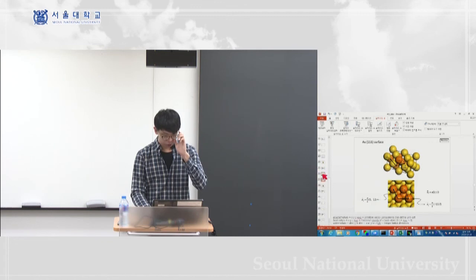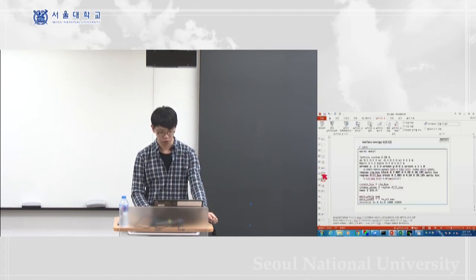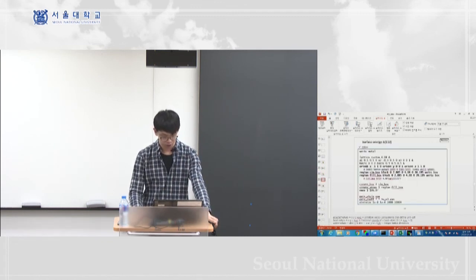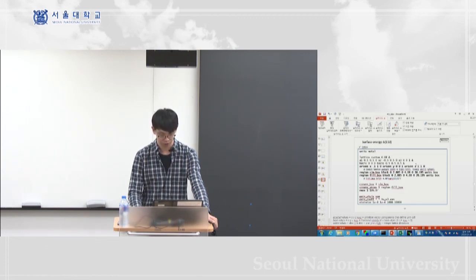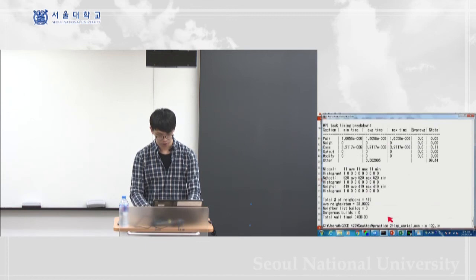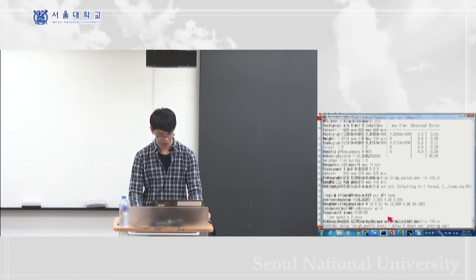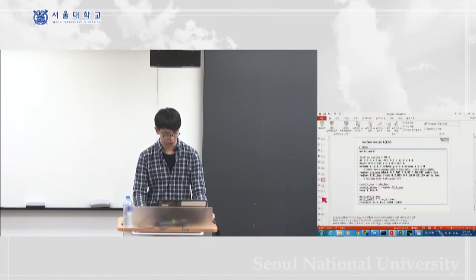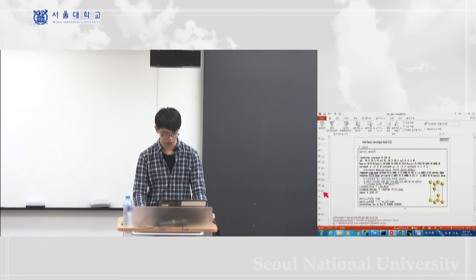And you can do the same with the 110 surface. This time the orientation of the axis is 110 because it's going to be the 110 surface. And the others are similar to the previous examples. You can do it by yourself. And same with the 111 surface. This time the orientation of the axis is 111.